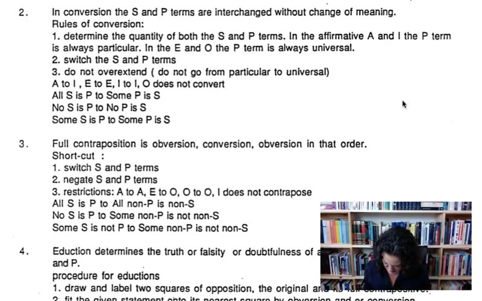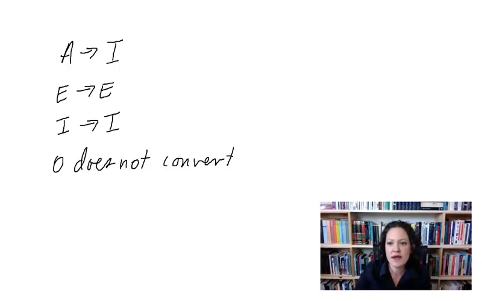A is going to change to I, E to E, I to I, and O does not convert. Now let's switch over to the iPad and I will show you what this looks like. So this is rules. I would write this down in your notes too. Rules for conversion.